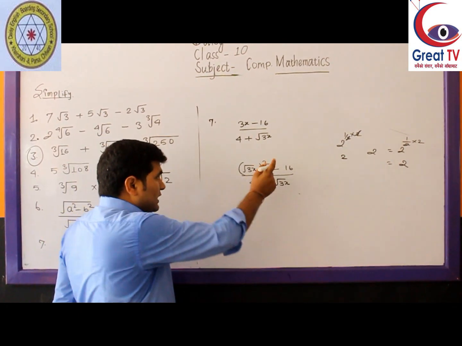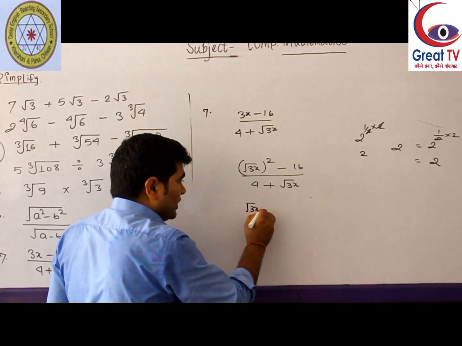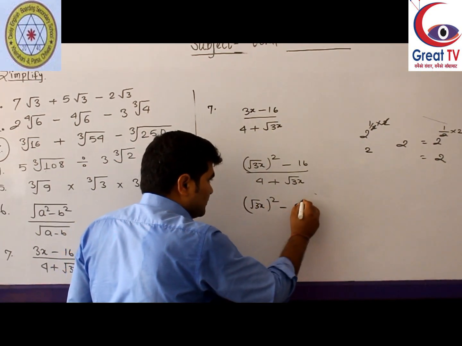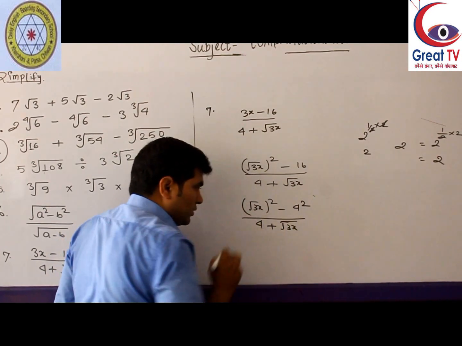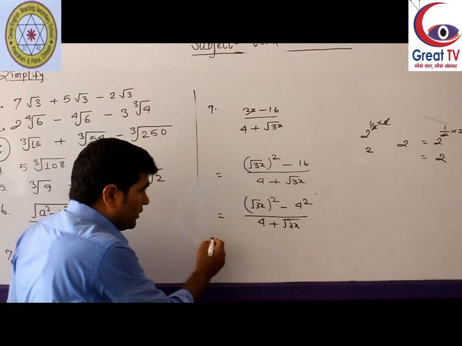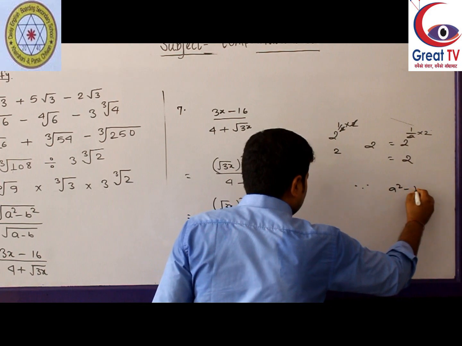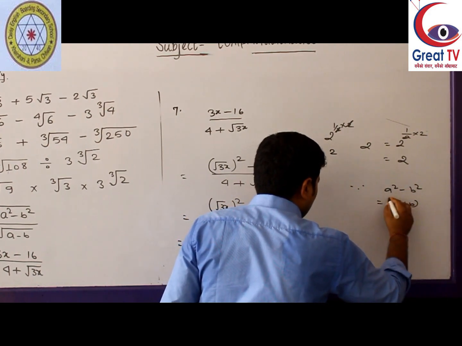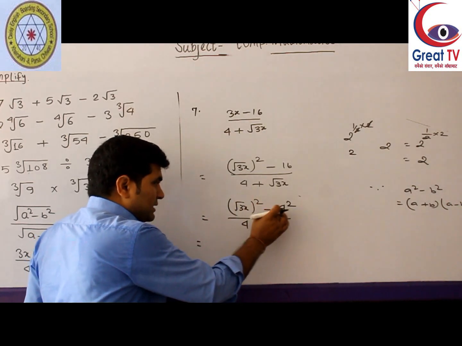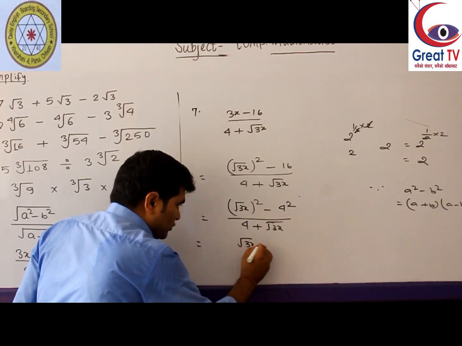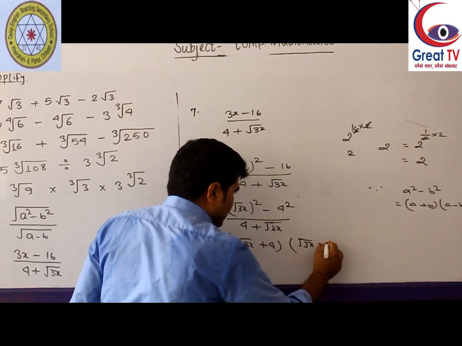The formula of a square minus b square. First this one is also changed into power square form. 3x whole square minus 4 square, since 16 is 4 square, divided by 4 plus root under 3x. As a square minus b square means a plus b times a minus b, same here: a square is root 3x square, minus 4 square. a plus b is root 3x plus 4. a minus b is root 3x minus 4.